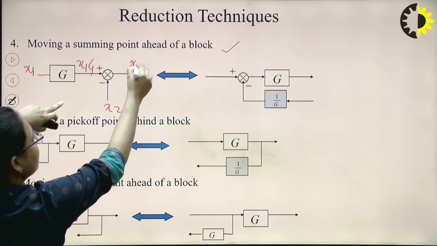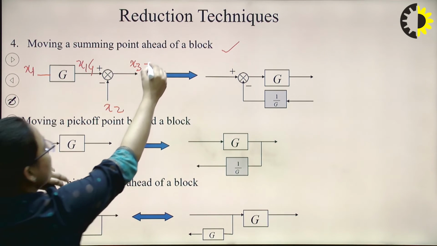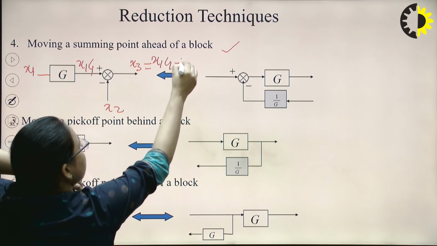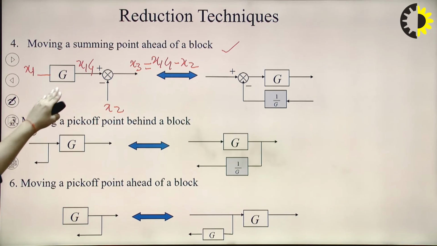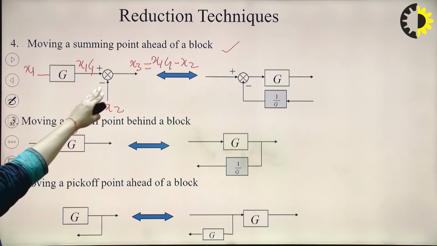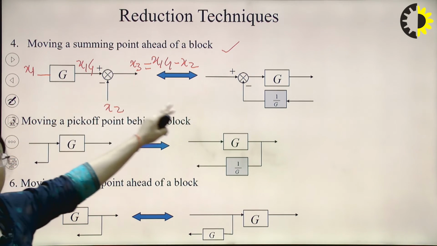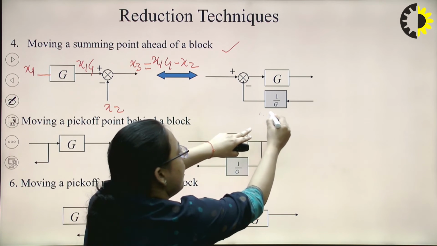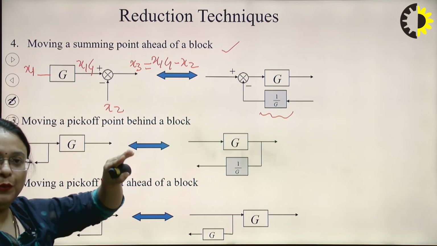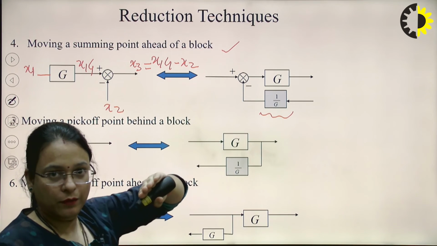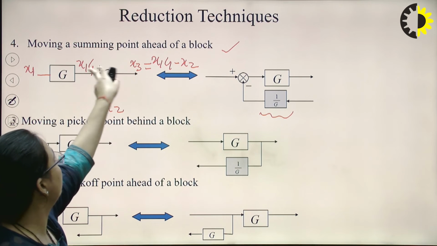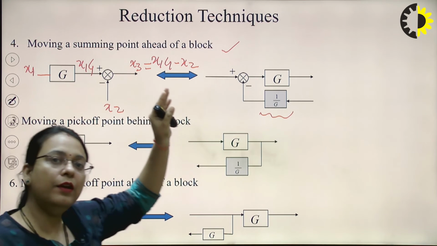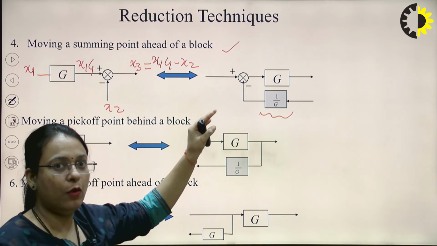Then we get the output x3 as x1g minus x2. So whenever we move a summing point ahead of a block, we have to connect a block with the reciprocal of the transfer function of the block we have, right?